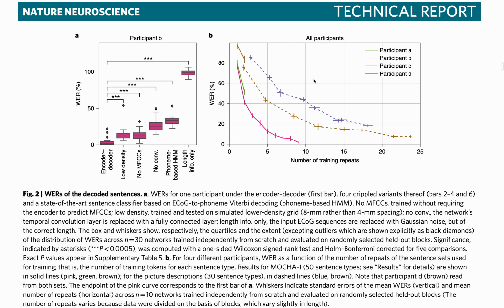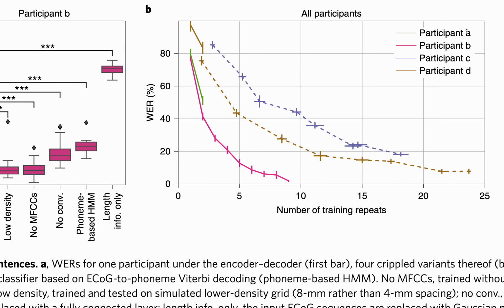On the B side of the graph, it is essentially showing how transfer learning could be applied. These are the 4 participants, A, B, C, D. On the y-axis you see the error rate, and on the x-axis you see the number of training samples, so the amount of data which was collected from each participant.